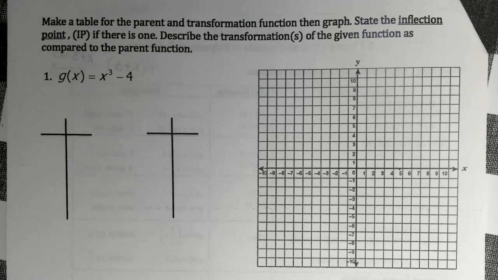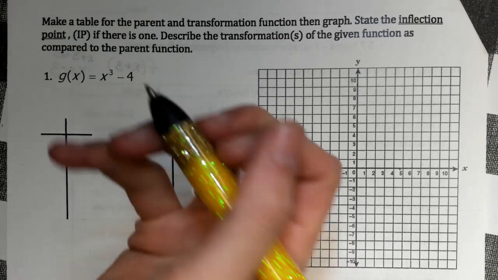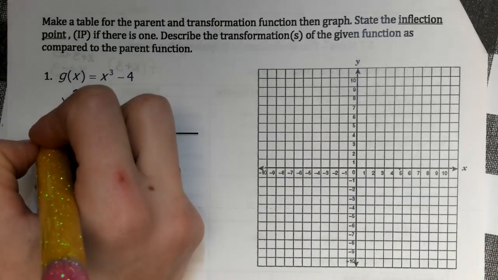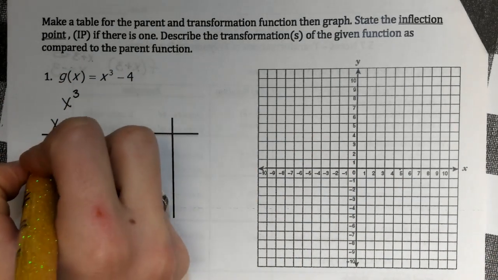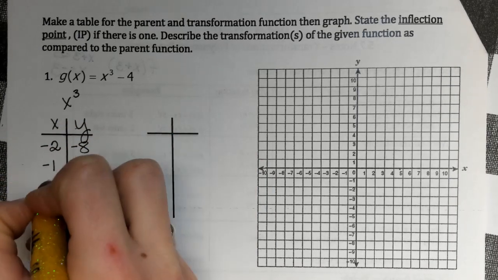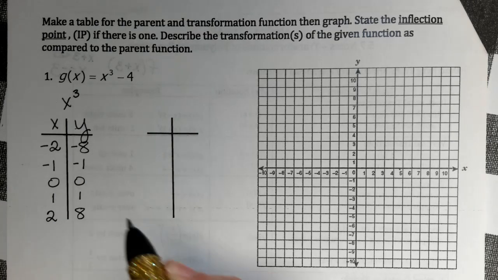They're not always going to be x cubed, but we're going to use those same x values, -2 to +2, and plug that into whatever our parent function is, okay? So if I have x cubed minus 4, my parent function is just my x cubed. So I'm going to have -2, -8, -1, -1, 0, 0, 1, 1, +2, +8.